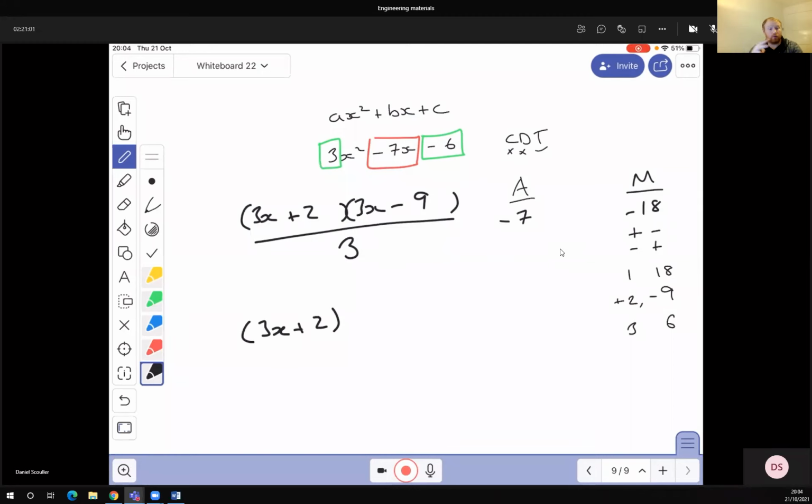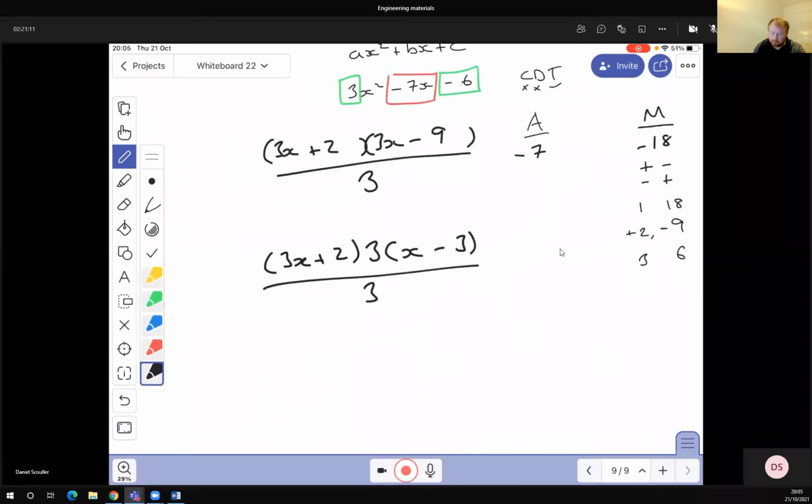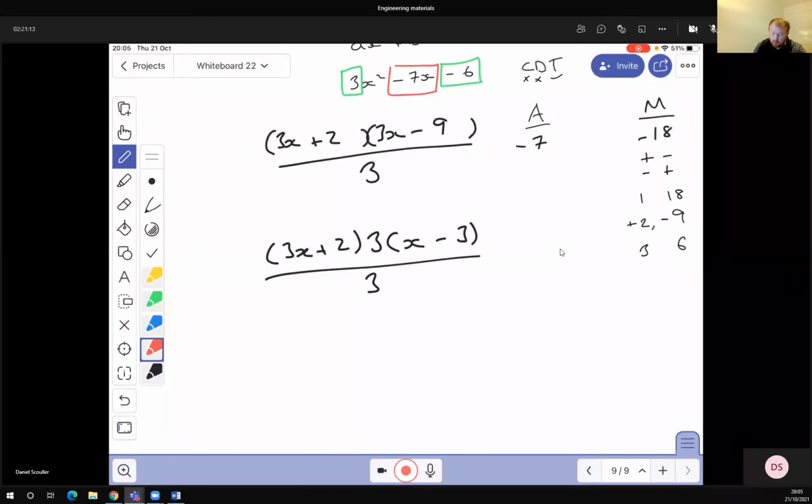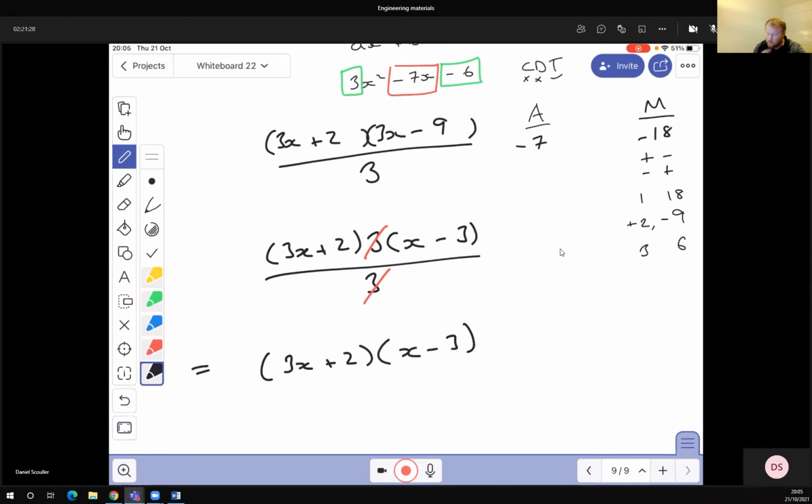So we can remove 3 from that bracket. Then we're dividing that by 3. That 3 and that 3 can cancel each other out. So we're left with the brackets 3x plus 2, x minus 3.